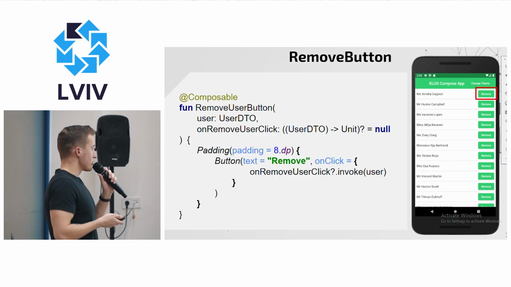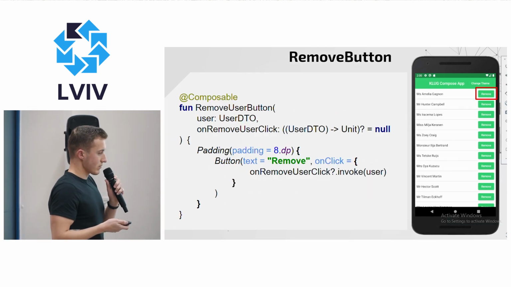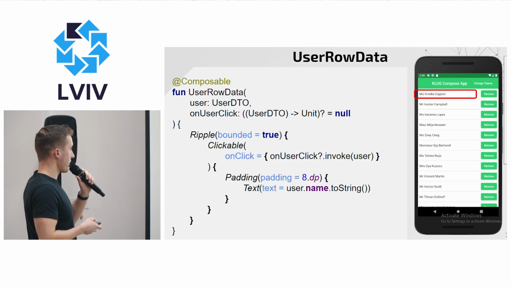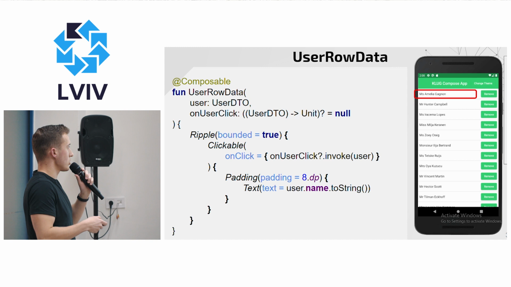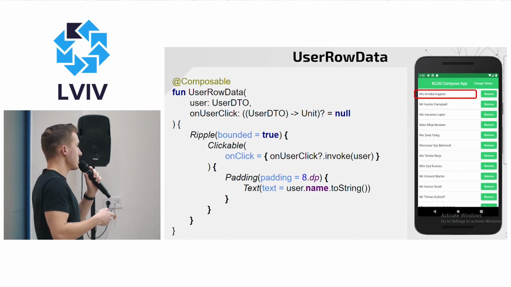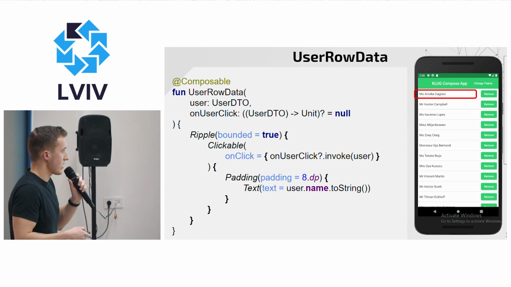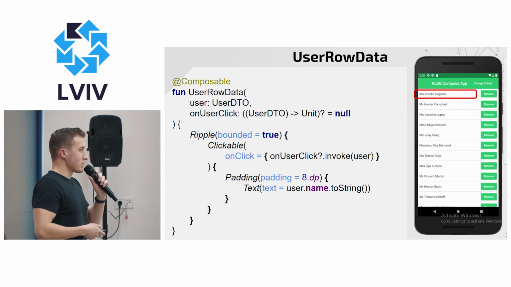So how do you think it's possible not to pass any click listener here to the button?